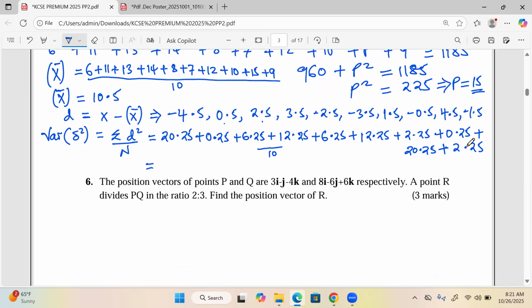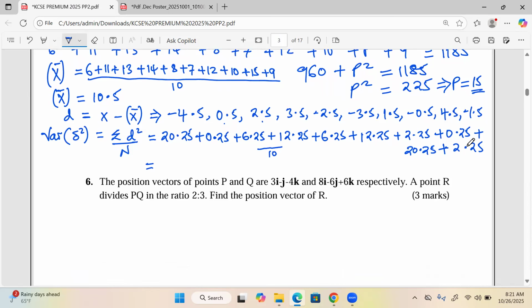We've squared the 10 values. 20.25 plus 0.25 plus 6.25 plus 12.25 plus 6.25 plus 12.25 plus 2.25 plus 0.25 plus 20.25 plus 2.25.